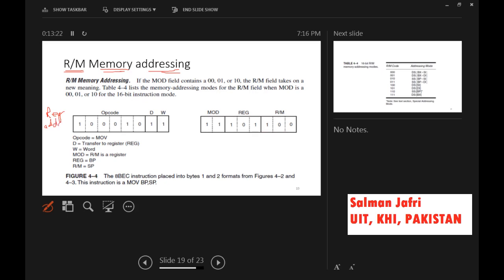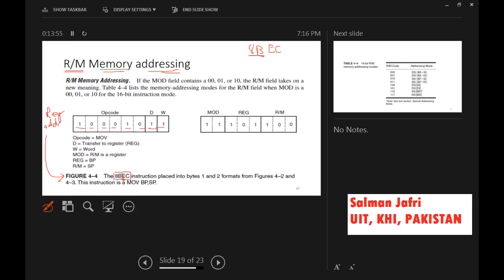Now this is a different example because now we have the code. The 2 bytes are provided to us, opcode byte and R/M byte, which are 8B and EC. So the first opcode byte is 8B. So 8B is 10001011.